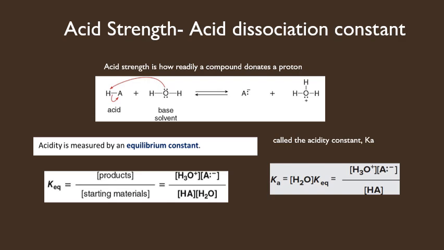When an acid reacts with a base, what happens is this: the A, which is more electronegative than hydrogen, is going to take the shared pair of electrons towards it. One line means two electrons, right?